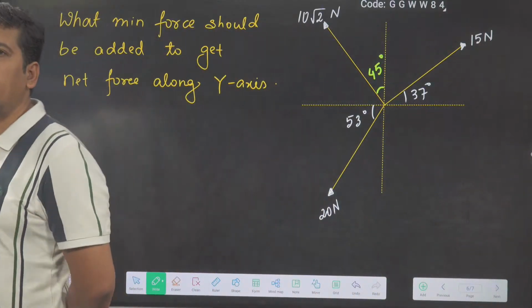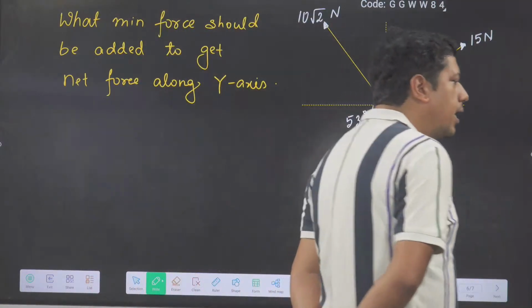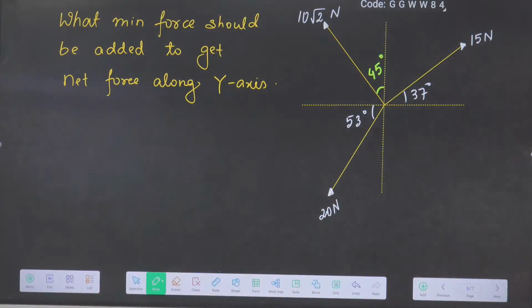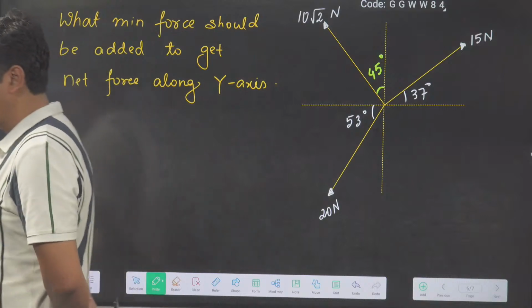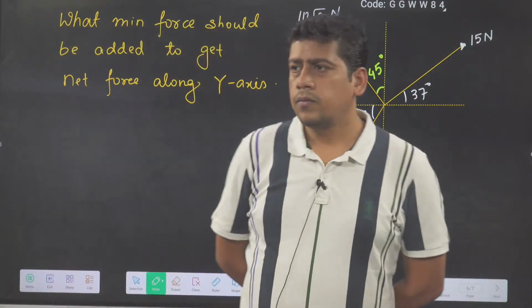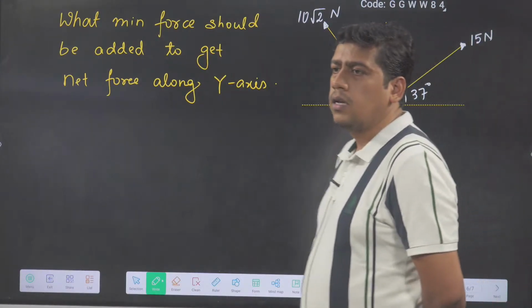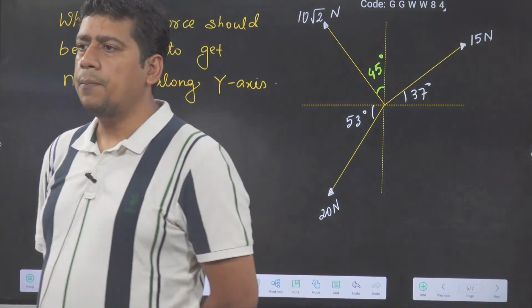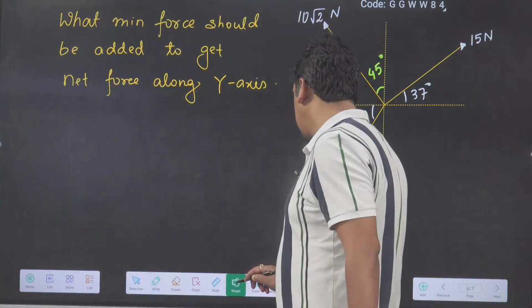First of all, tell me the net force in i cap and j cap format. No, that is wrong. Is it getting cancelled? Why are you saying 3?